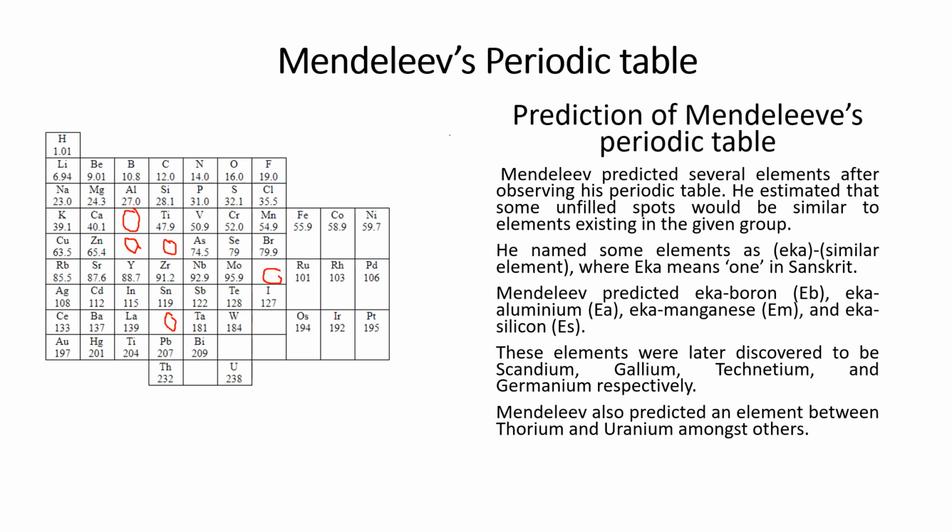He named some elements Eka, where Eka means one in Sanskrit. Mendeleev predicted Eka boron, Eka aluminium, Eka manganese, and Eka silicon. These elements were later discovered to be scandium, gallium, technetium, and germanium, respectively. Mendeleev also predicted an element between thorium and uranium, amongst others.